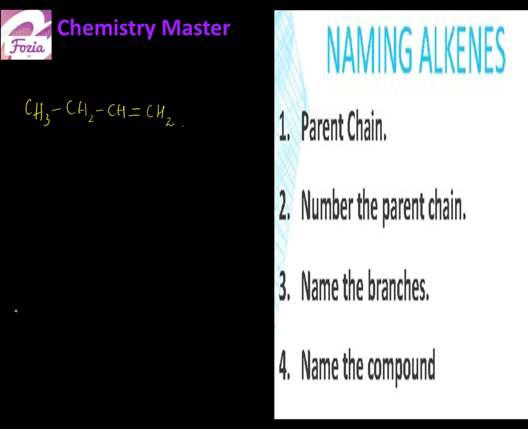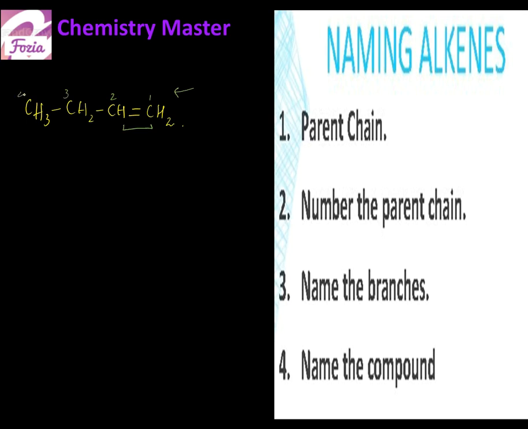And we have to locate the position of this double bond. So we will start counting the chain right from the corner where the double bond is nearest, because this is the functional group. So here I have 1, 2, 3, 4.